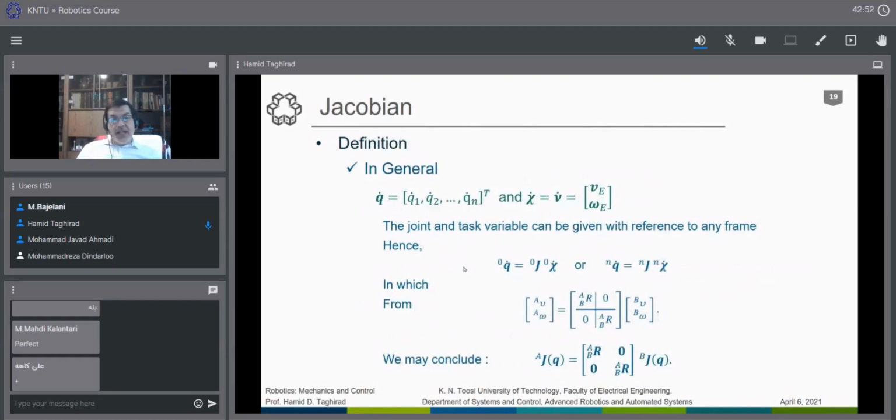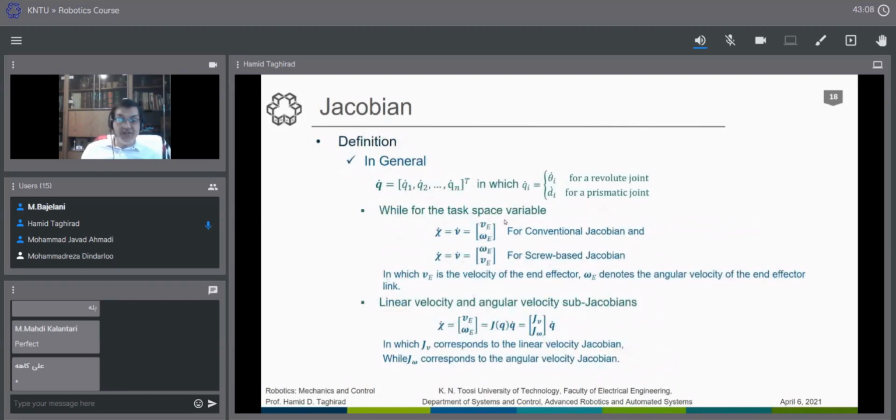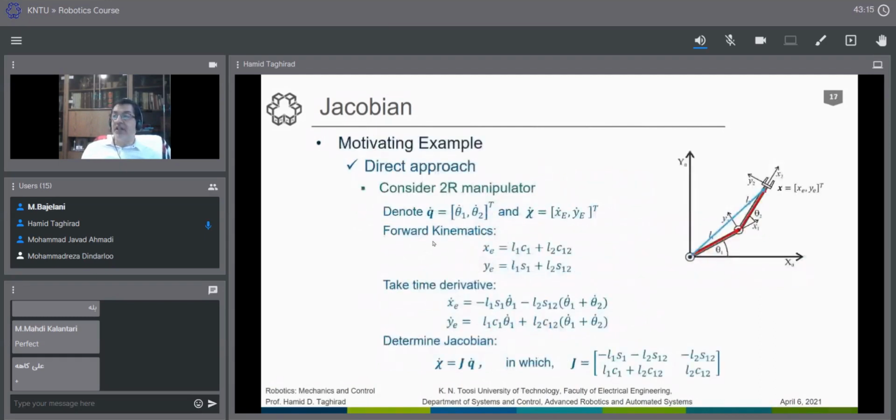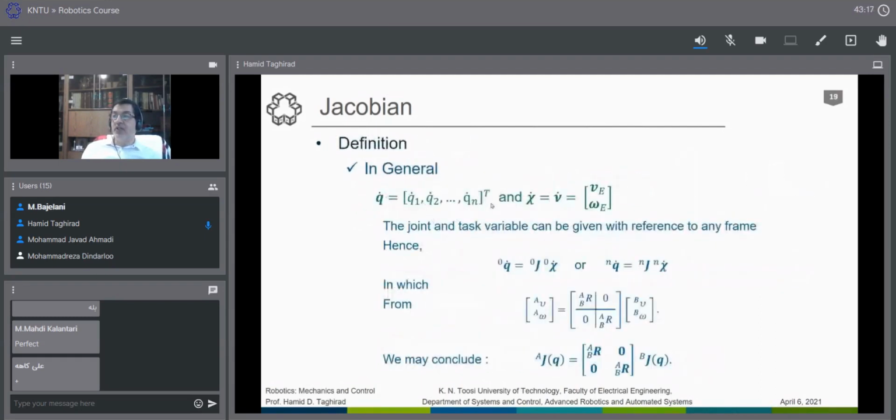And last but not least, before giving the general method to work on that, is how we can go from one frame to another frame for the Jacobian. Since we are working with a 6 by 6 matrix, we usually can have this representation if we have the Q dot and X dot both at the reference frame.